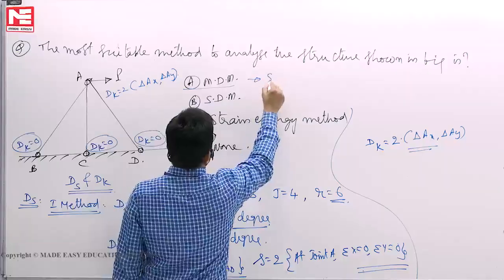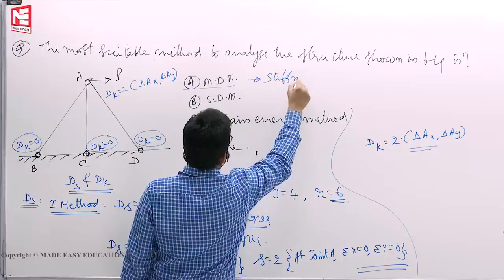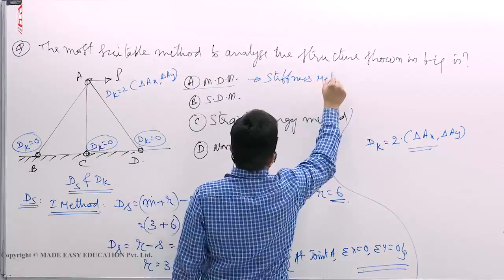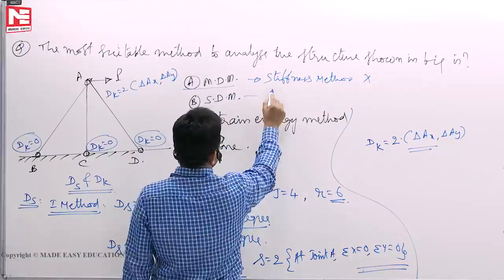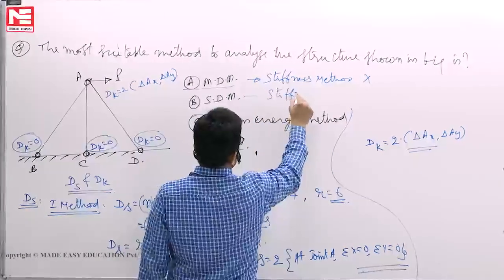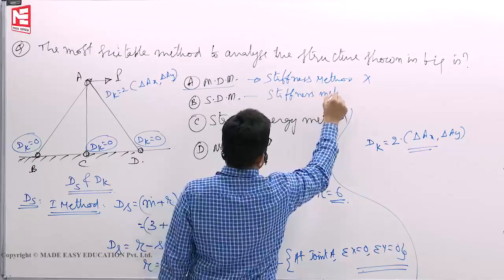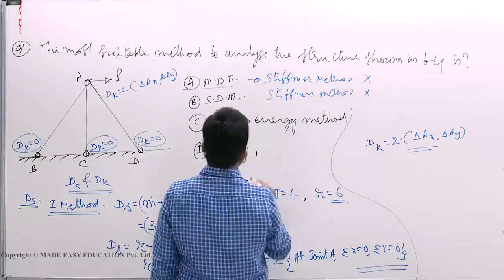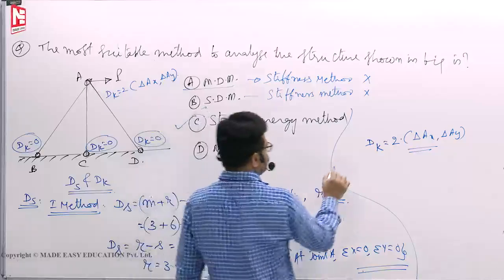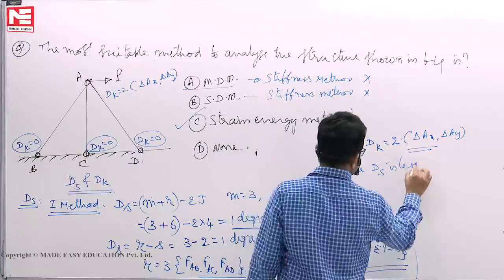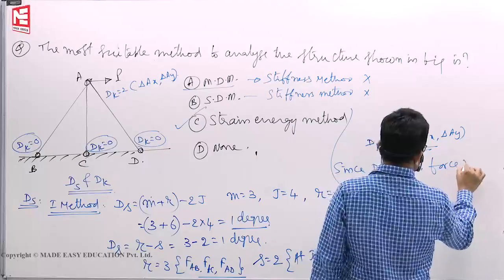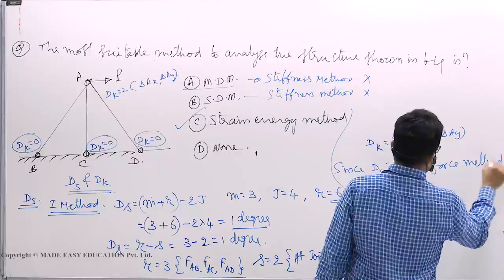Since ds is less, you should not select the stiffness method. MDM is a stiffness method, so we should not take it. SDM, slope deflection method, is also a stiffness method, so we should not select it. Then what is left is the strain energy method. Since ds is less, force method is suitable.